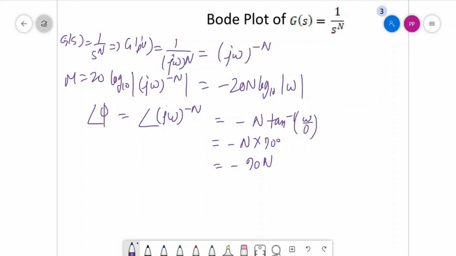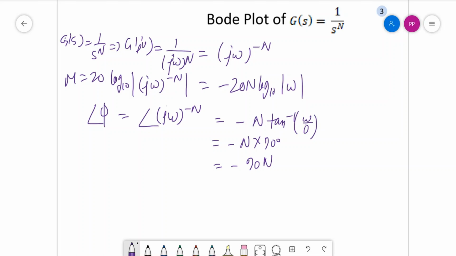If you have a power of a complex number in Cartesian form a plus jb, and it is written in polar form like c angle d, then the power of the complex number will be translated as the multiples of the phase of the complex number.